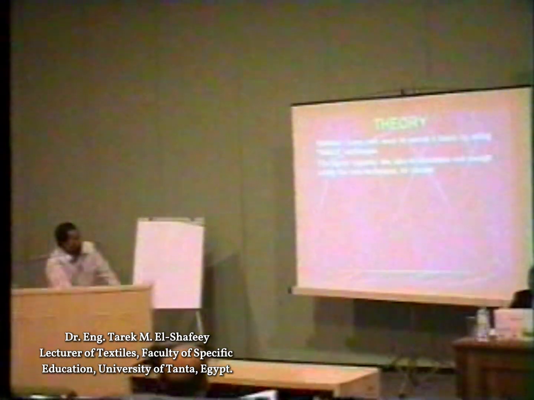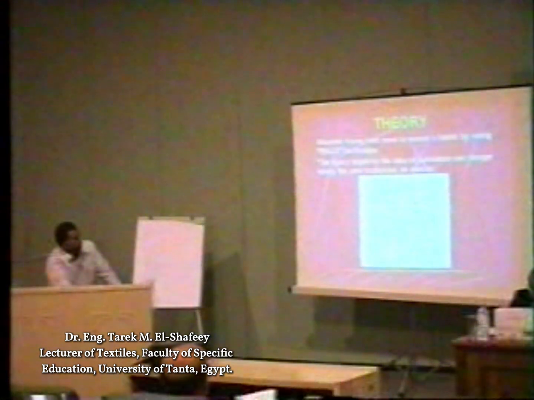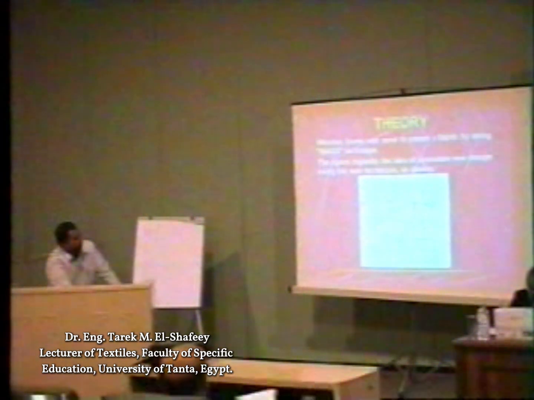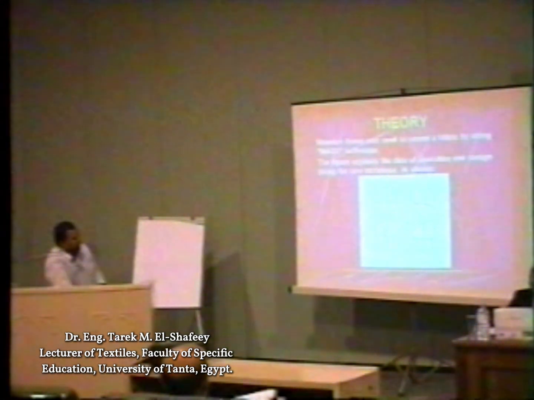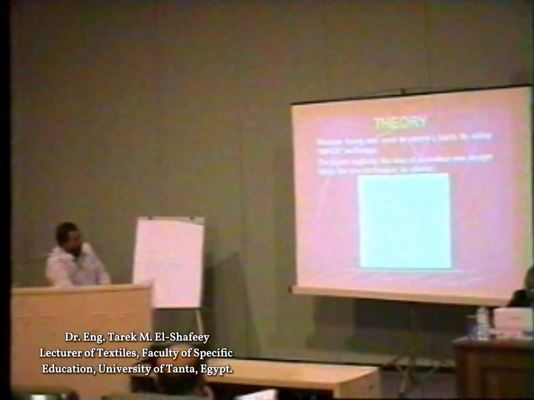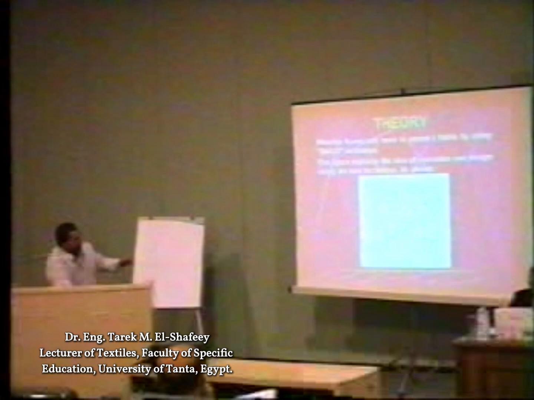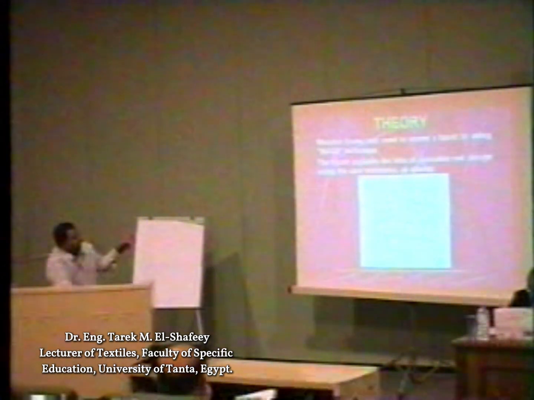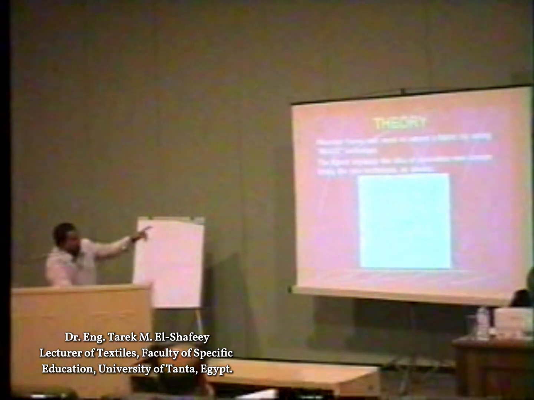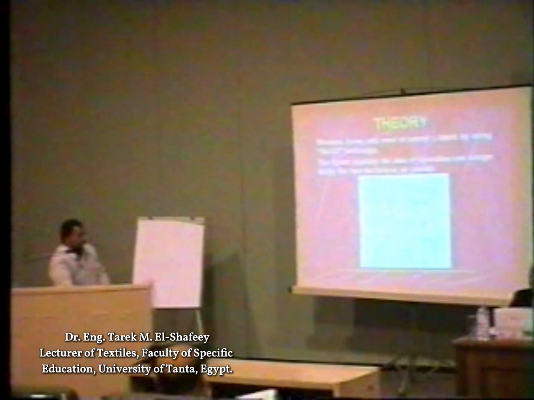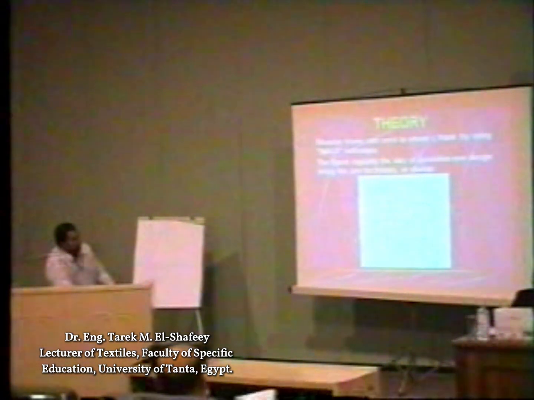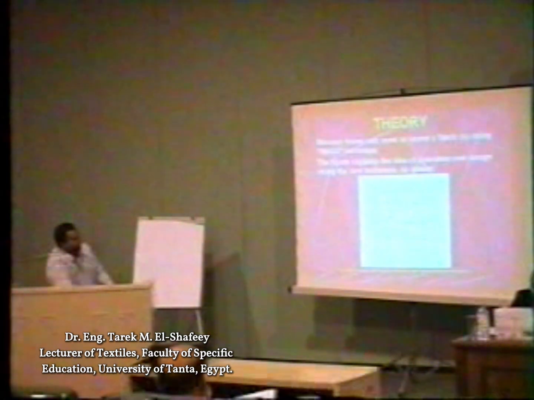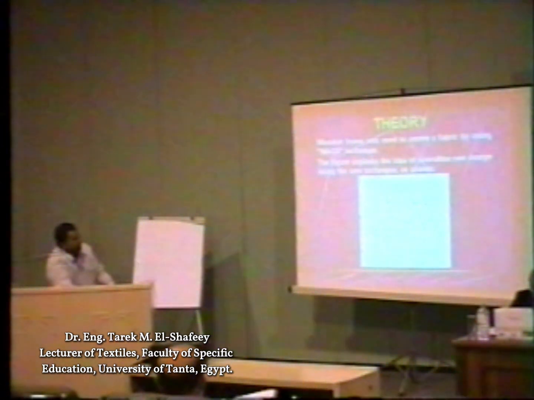This figure explains the idea of execution when designing using the new technique. The rectangle S1 represents the wooden frame, and the rectangle S2 represents the woven area, which is divided into 9 parts: A, B, C, D, E, F, G, H, I.